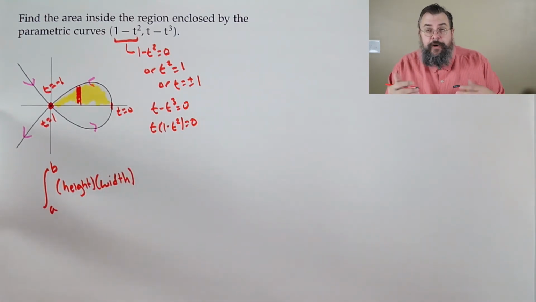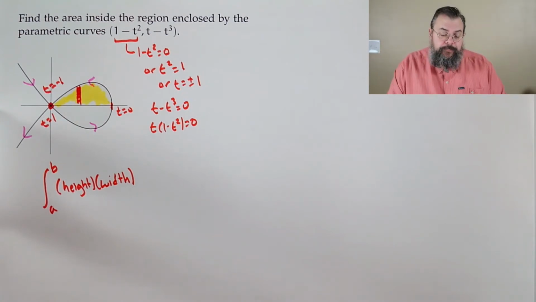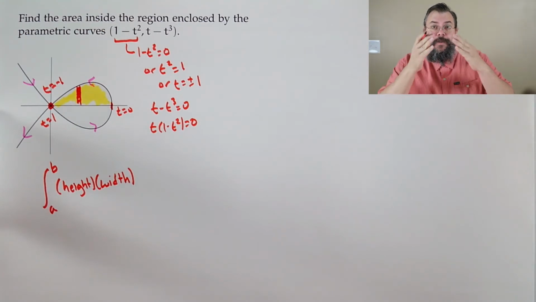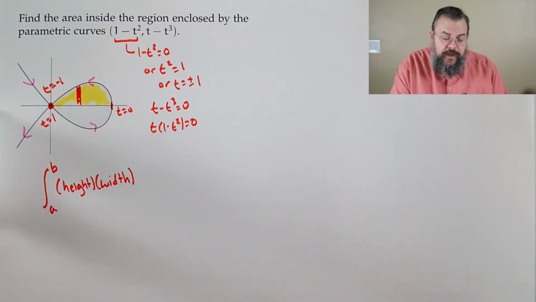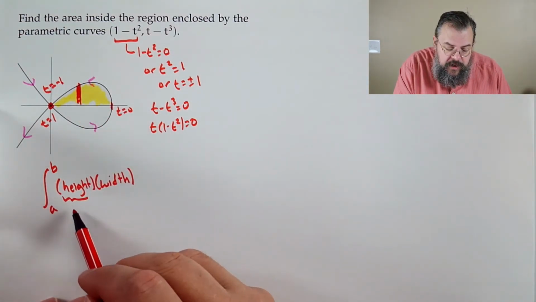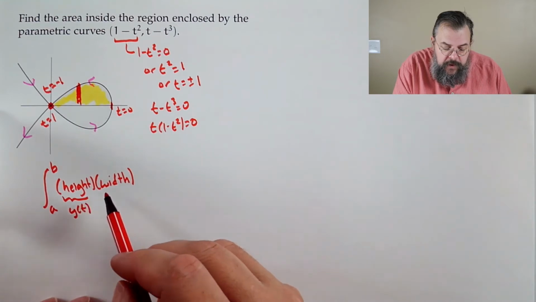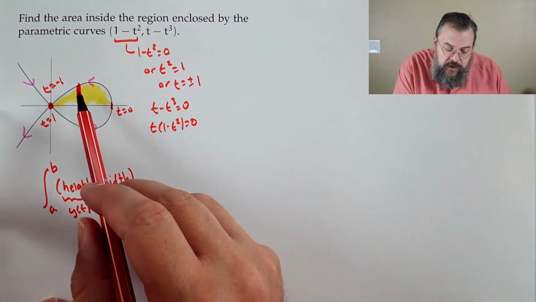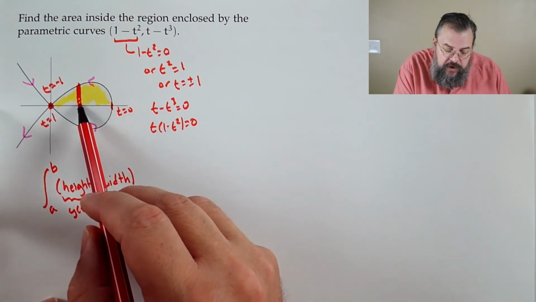That's how we find area, height and width. Perfect, easy, right? So what's our height? If we're slicing in this way, our height would be y of t. What about our width? Our width is how far across we are.